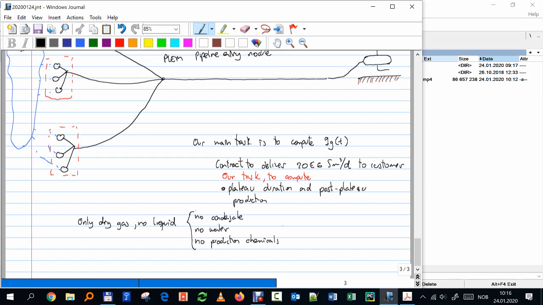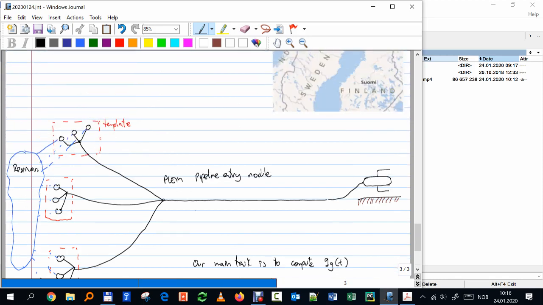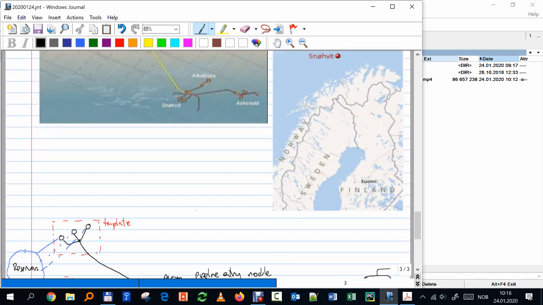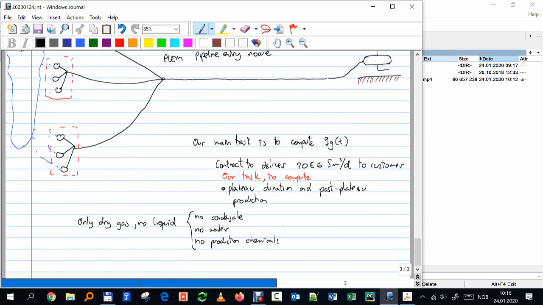So we are assuming here only dry gas because we don't want to take that into account, because the equations that we will use are not suitable for that.